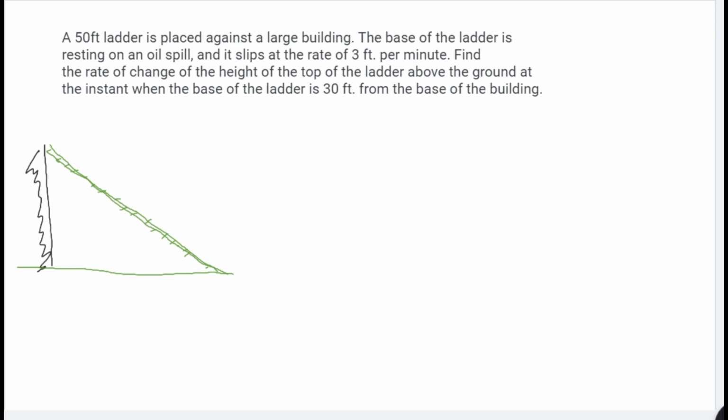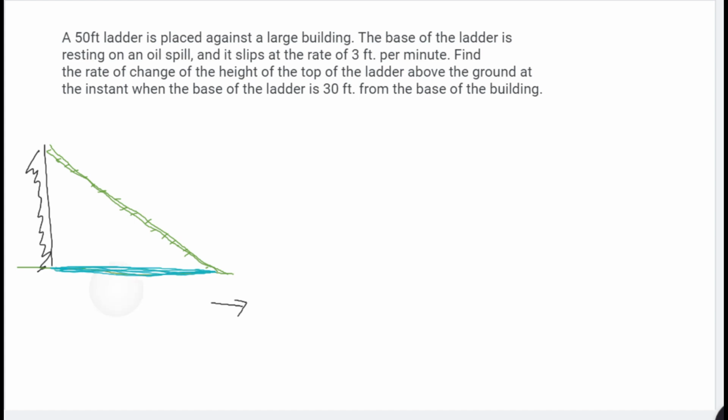So the bottom, as the problem describes, is slipping this way. What does it mean mathematically? Well, when they say the bottom of the ladder is slipping, it's really saying the distance here is changing, is increasing.